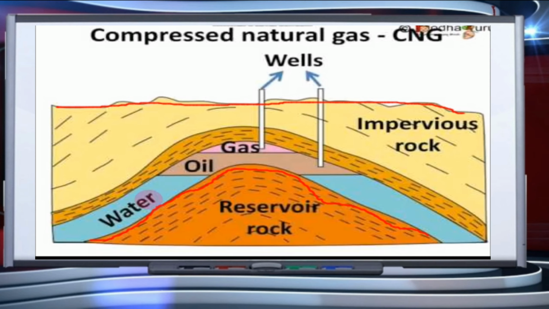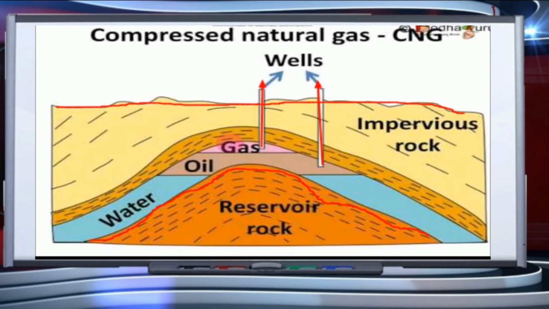So you can see water is in the underground water table. This is water. Above that is oil. Above that is gas. And this is how the oil is extracted. This is the extraction of gas, and here is the extraction of oil. So this is how oil and natural gas reserves are there in the earth from where these are extracted.